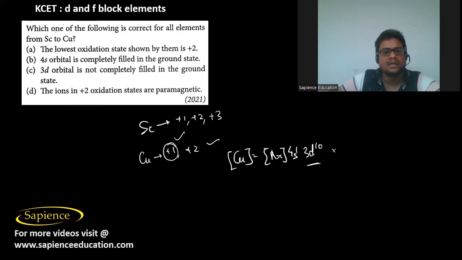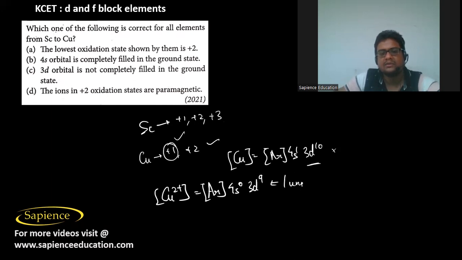And the ions in +2 oxidation states are paramagnetic. Yeah, so for Cu2 plus, it has got one unpaired electron, since its configuration is 4s0 3d9, so it is a paramagnetic ion.